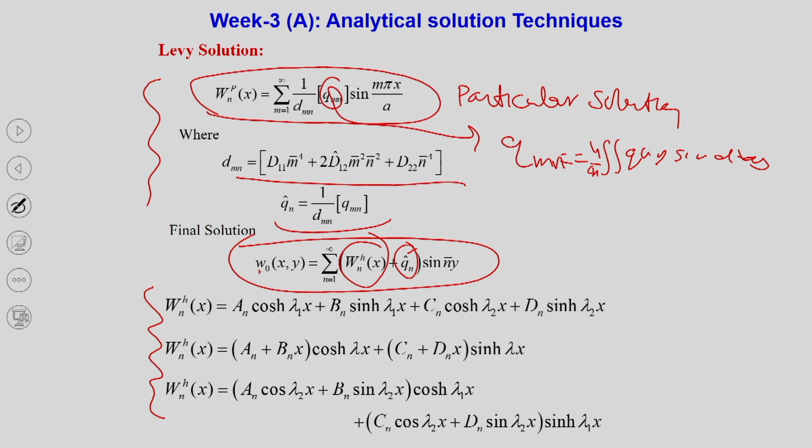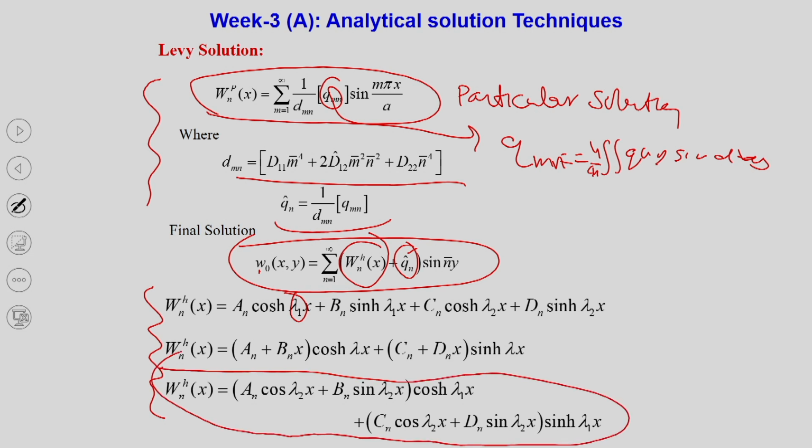Whatever you want, all the things are here. Now again here lambda 1, if I talk about a complex conjugate, lambda 2 is the imaginary root and lambda 1 is the real part of that.